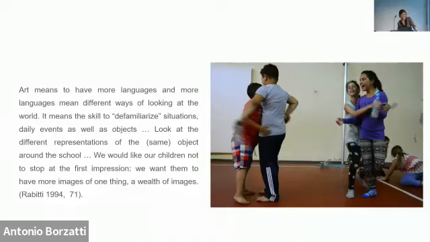So look at different representations of the same objects, for example, also around the school. So we would like our children not to stop at the first impression. We want them to have more images of one thing, a wealth of images.